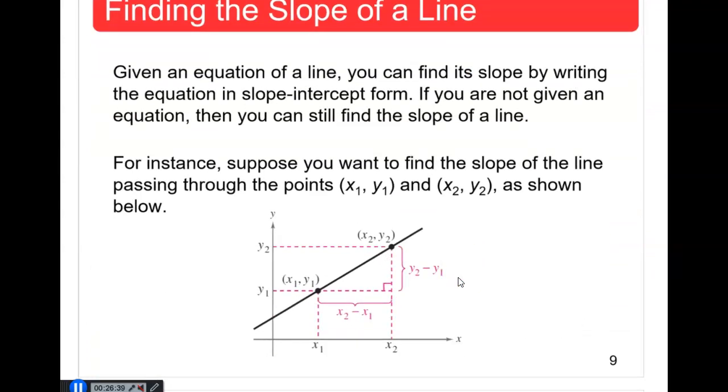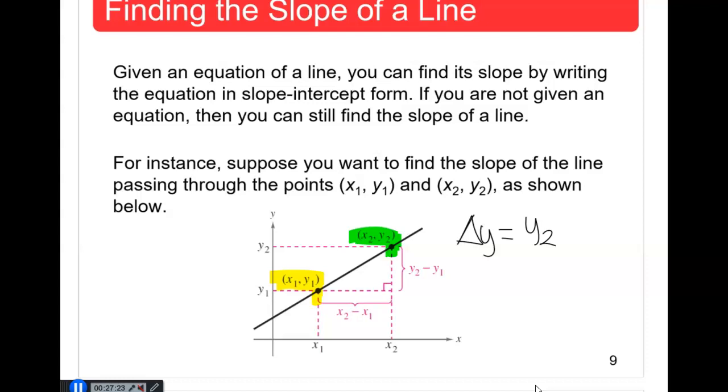So now we are going to practice how to find the slope with a formula. And so if we consider the 2 points that we have here, we have point 1, which has the coordinates x sub 1 and y sub 1, and then we have point 2, which has the coordinates x sub 2 and y sub 2. So to calculate the change in the y's, we have to calculate the difference.